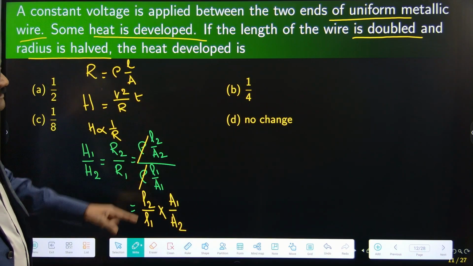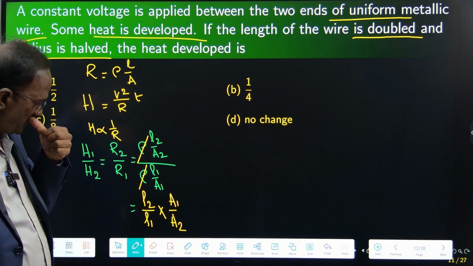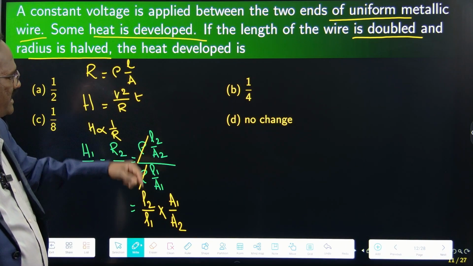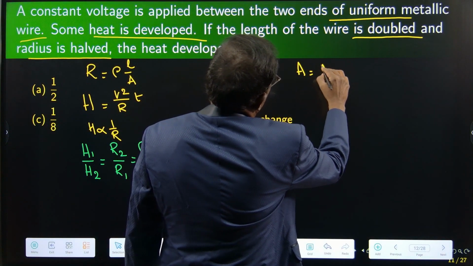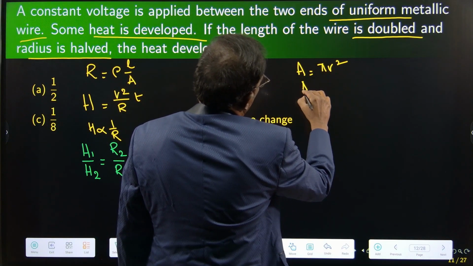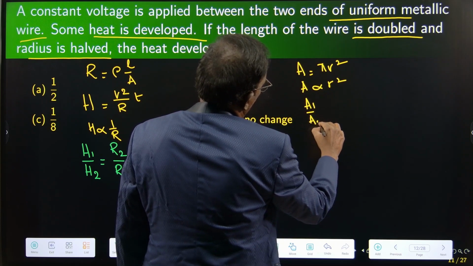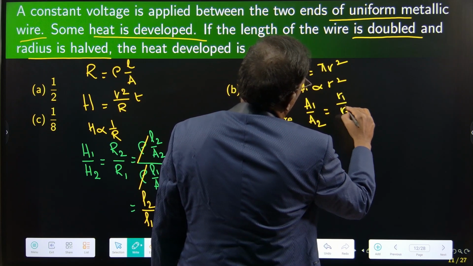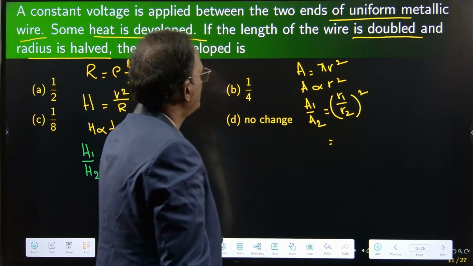The length of the wire is doubled. So the L2 by L1 ratio is directly given, but the area is not directly given, only the radius is given, right? The area is equal to pi R square. So area is proportional to R square. So from here I am writing A1 by A2 is equal to R1 by R2, squared.